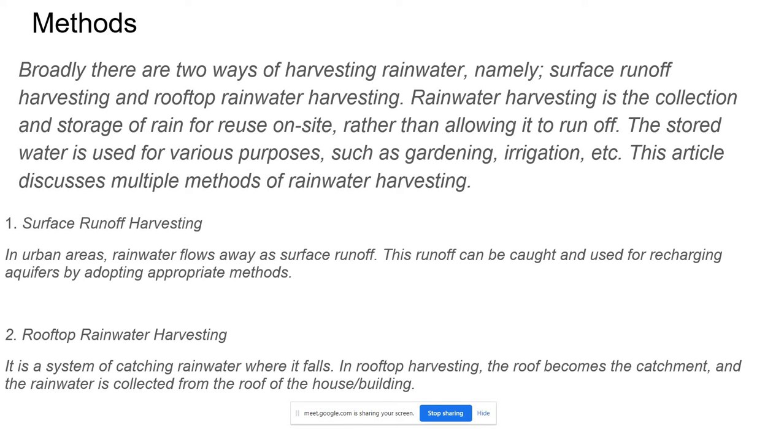This runoff can be caught and used for recharging aquifers by adopting appropriate methods. And second one is rooftop rainwater harvesting. It is a system of catching rainwater where it falls. In rooftop harvesting, the roof becomes the catchment and the rainwater is collected from the roof of the house and building.